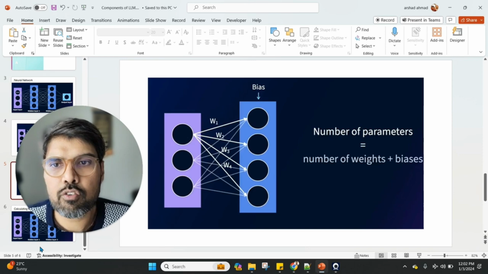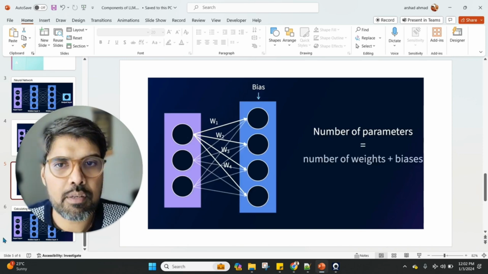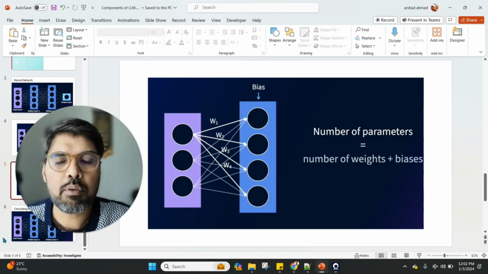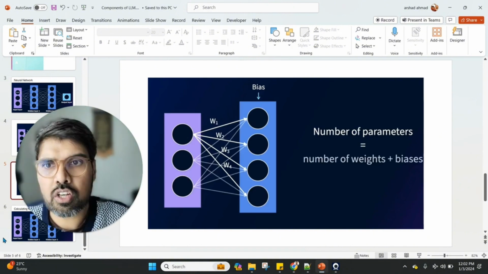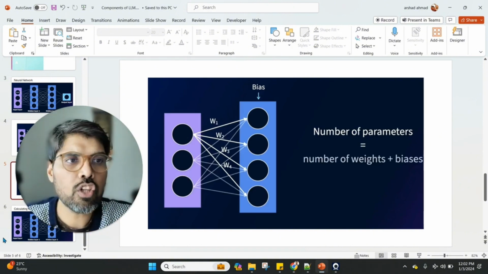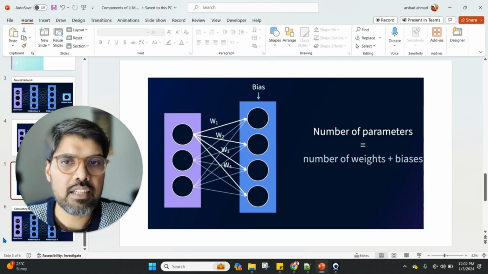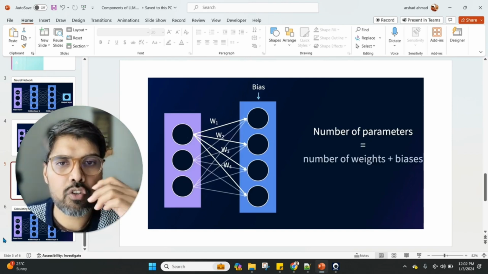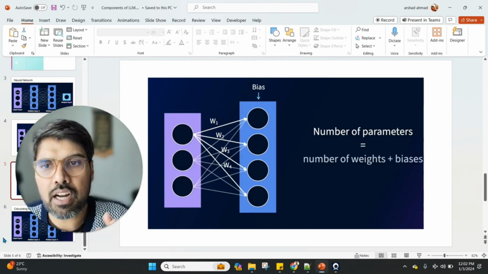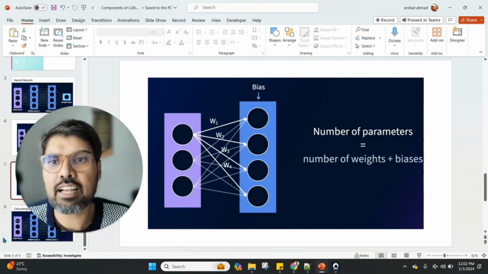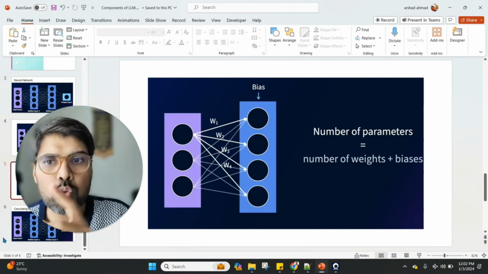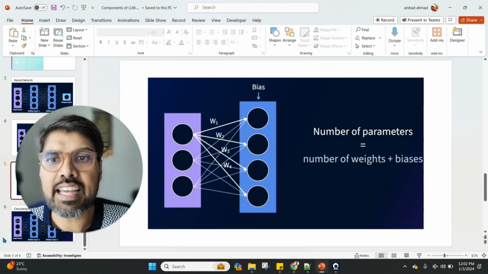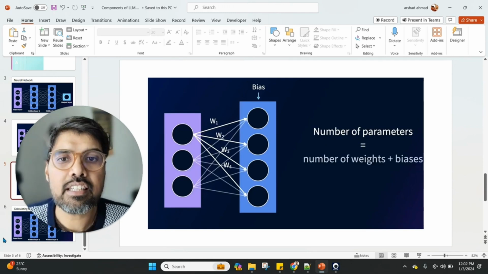So here I am going to give you an example. From the input layer on the left, there is a line from every node in one column or layer to all the nodes in the other layer. This type of neural network usually makes up a small part of the large language model, and each of the lines that connects one node to another node are the edges, and they represent the weights.